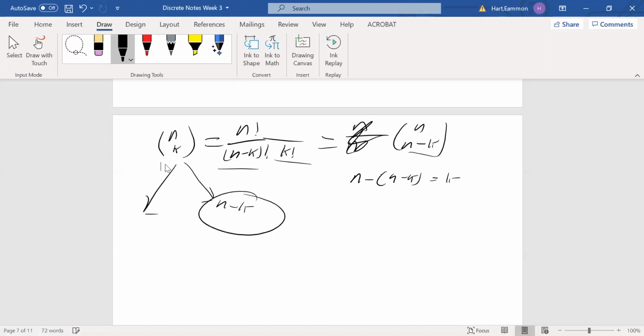I can just ask how many different ways are there for me to pick n minus k things to leave in this box. So we're essentially asking questions that look identical. That would be what's called a proof by appealing to the combinatorial meaning. This isn't a fully sketched out proof, but that's the essence of it. You say that these two things that I'm counting would result in the exact same thing.